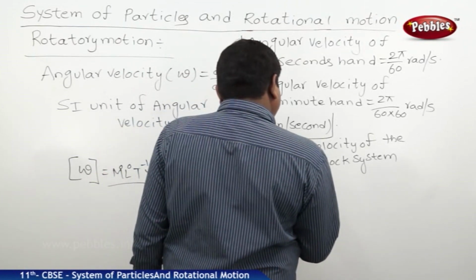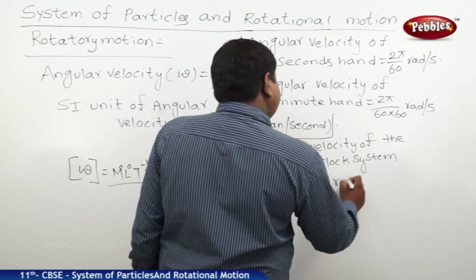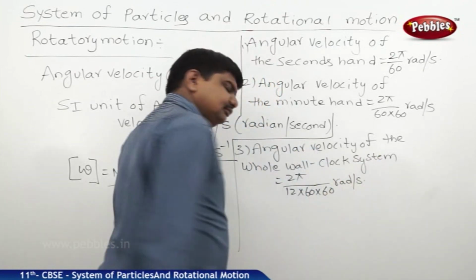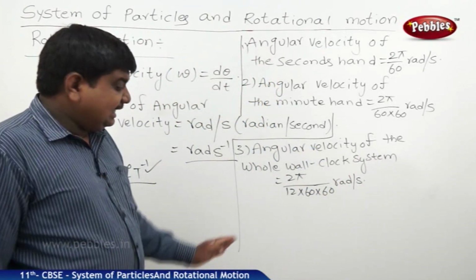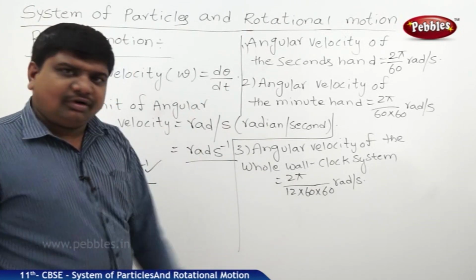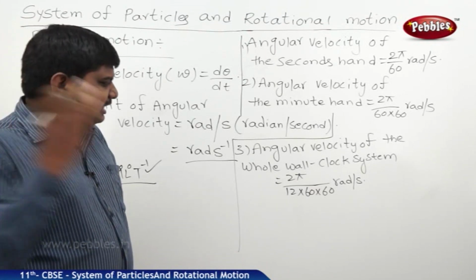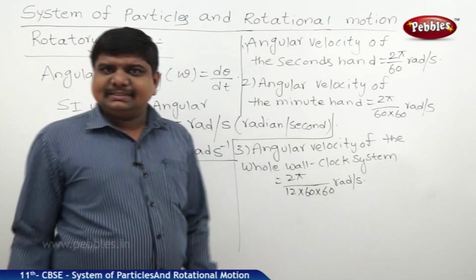That's why we should write 12 into 60 into 60 radians per second. For earth it takes 24 hours. For a wall clock it is 12 hours to change morning to evening or evening to morning.